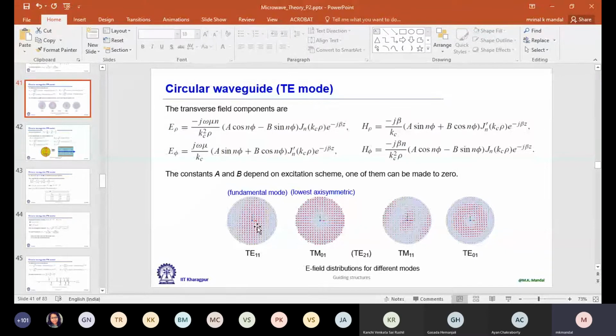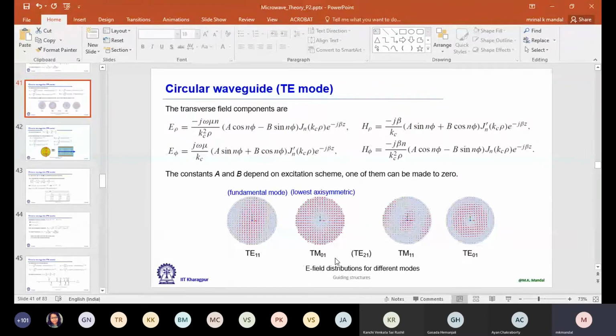So for the next, TM01 mode, the electric field actually forms a half loop like a rectangular waveguide. Well, and what we see is that the distribution is axis symmetric. So sometimes we have an advantage from this, because now consider you are using a circular waveguide.